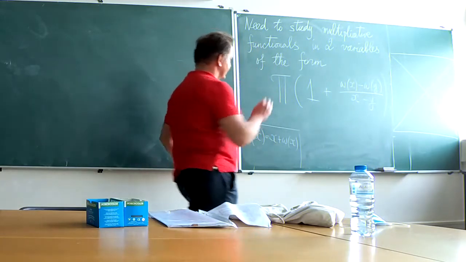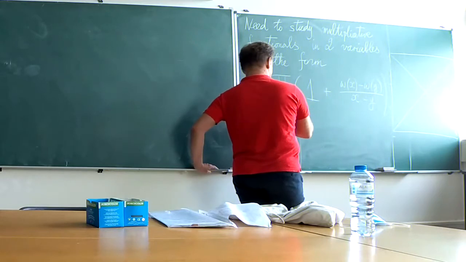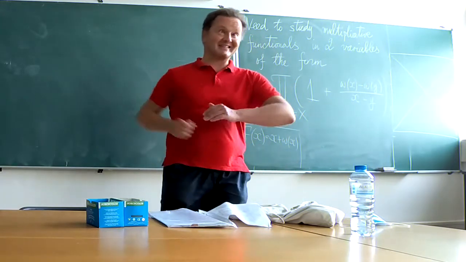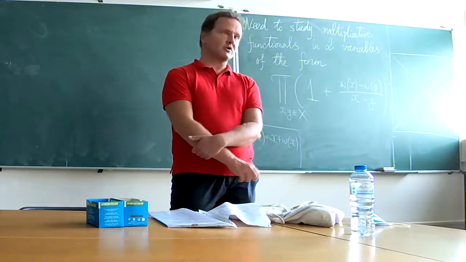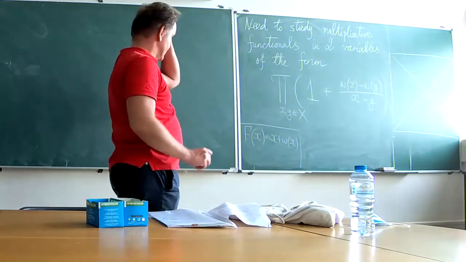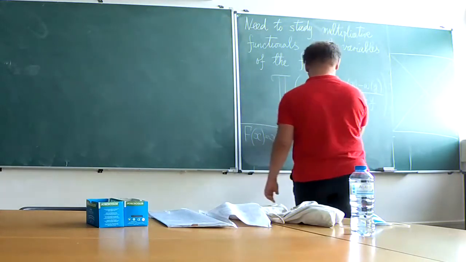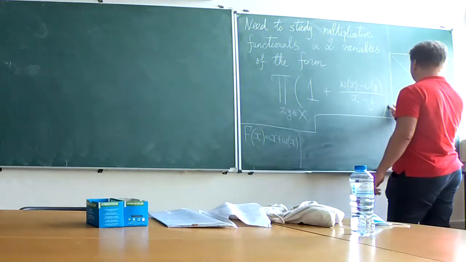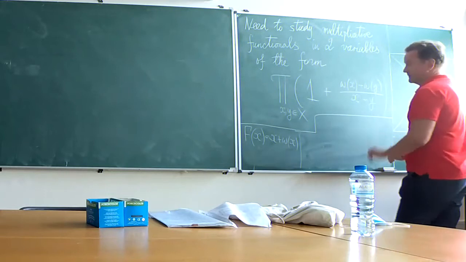Please observe that even convergence of such a multiplicative functional is not obvious. It's not obvious that such a quantity converges, even if omega is a constant. And this is exactly, so to speak, the tricky part.